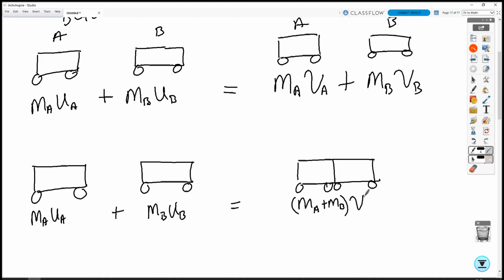Or C, they both carry on moving in the same direction, but there's a transfer of momentum. So for example, A could move slower after it's collided with B, and B will move faster. In either case, you have to think about what momentums you have before. You have to think about direction and put the values in after, and then evaluate.